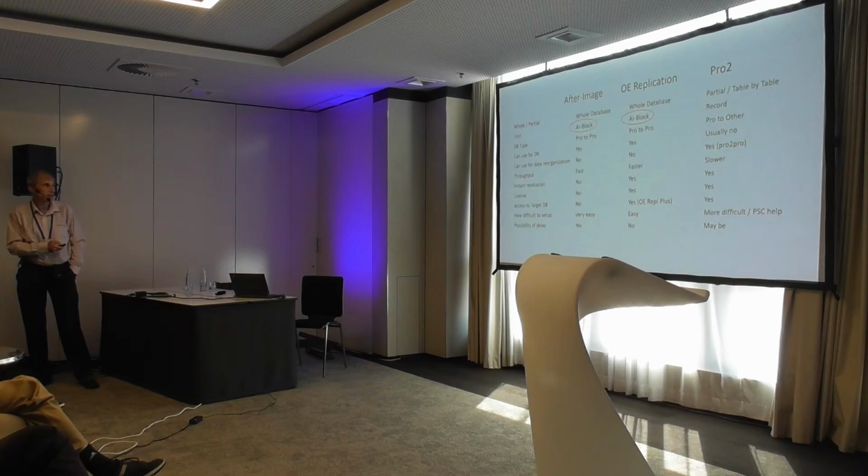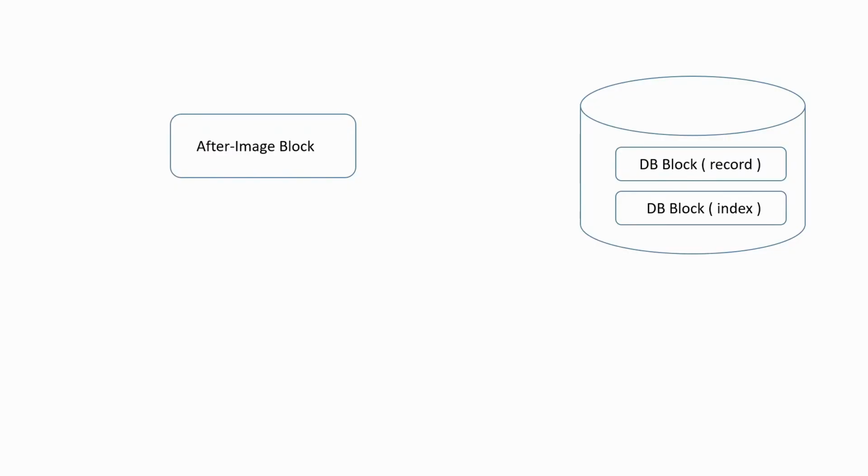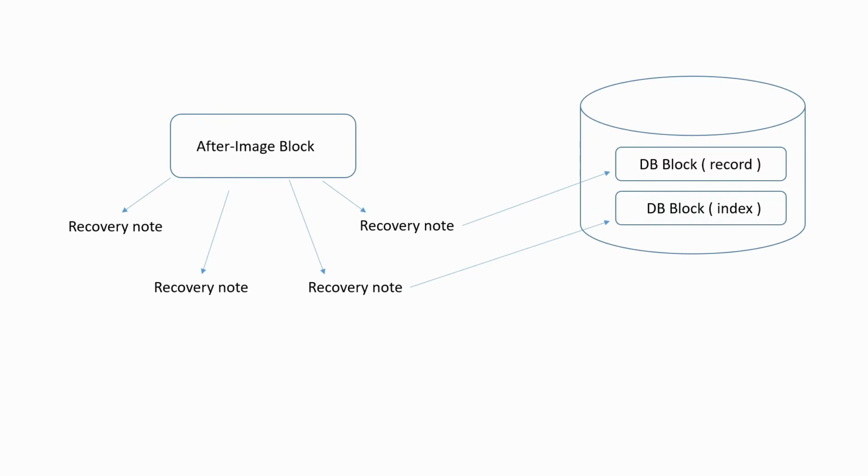So let's look at after image block. After image block has nodes. And these recovery nodes correspond either to a certain record block, or a certain index block. And these recovery nodes don't have an object number. So if you look at a recovery node, you would not have the slightest idea which table it belongs to.